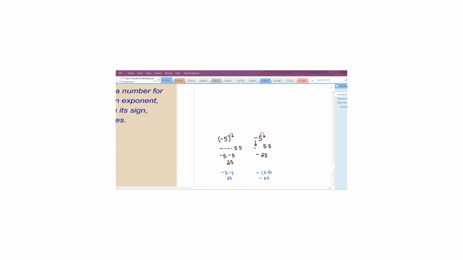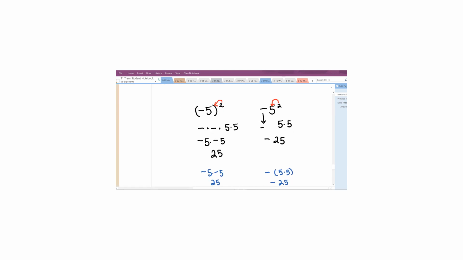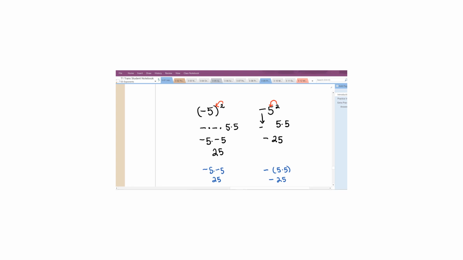So over to the side here, I have some notes to help you think about how all this works. In this first example, -5 is within the parentheses. And in the second example, -5 is not inside the parentheses. Now, the way that exponents work is they only get applied to whatever they're next to. So with parentheses, the 2 exponent is being applied to everything within the parentheses.